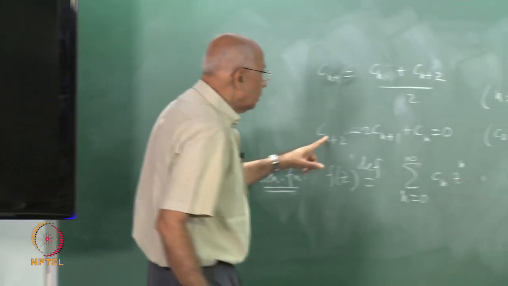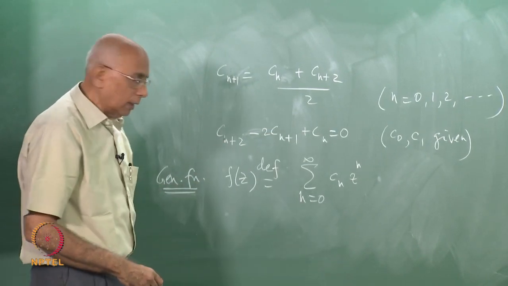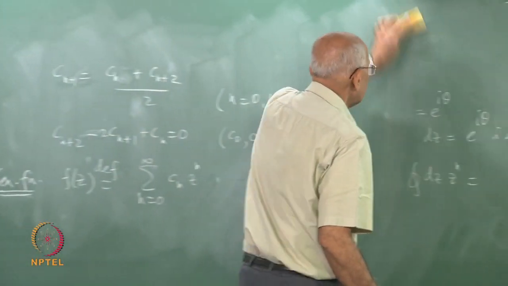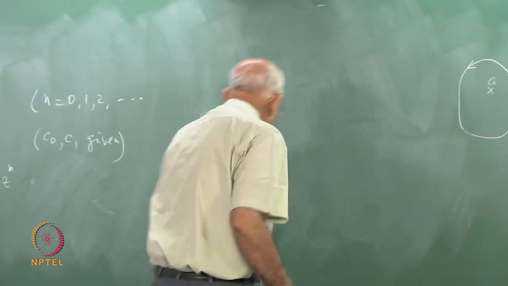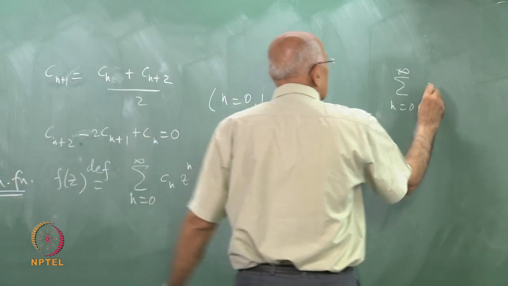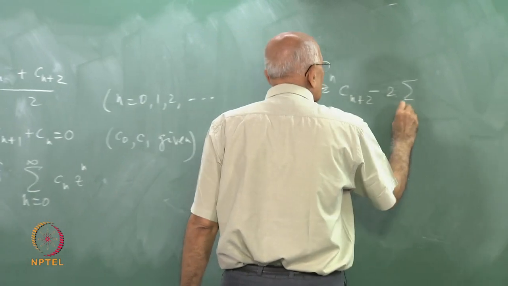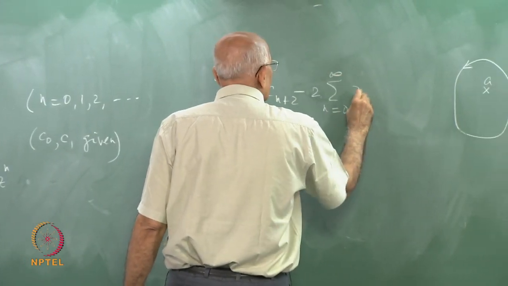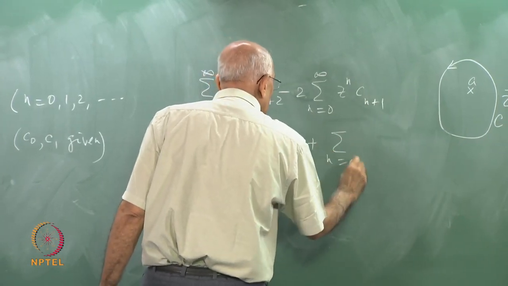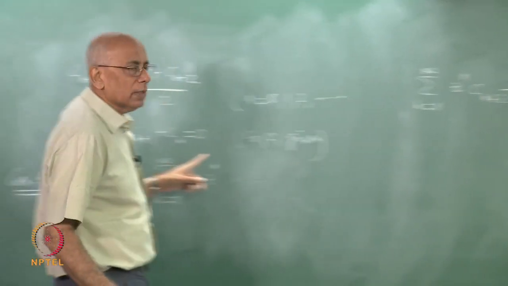And then multiply both sides of this equation by z to the power n and sum over n equals 0 to infinity to get an equation for f of z. What happens then? Well, I have the summation over n from 0 to infinity of z to the power n Cn plus 2, minus twice the summation over n from 0 to infinity of z to the power n Cn plus 1, plus the summation over n from 0 to infinity of Cn z to the power n, that is equal to 0 on this side.